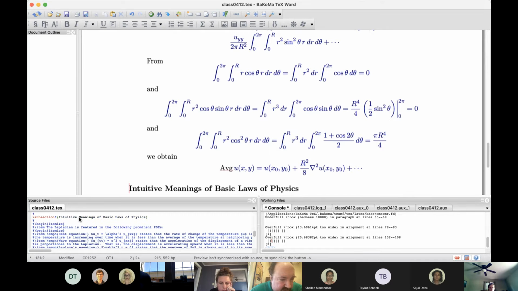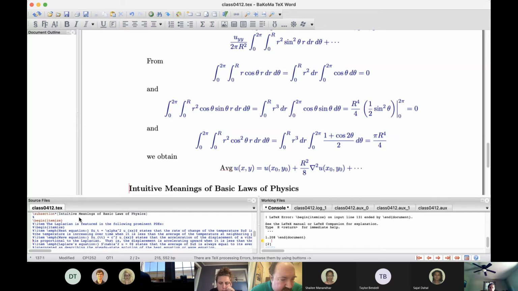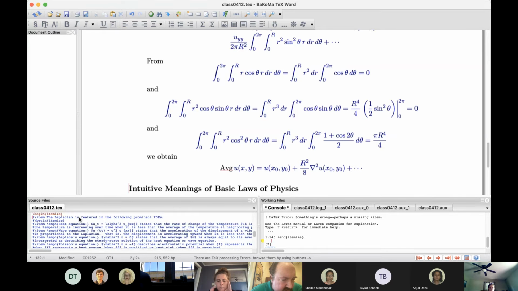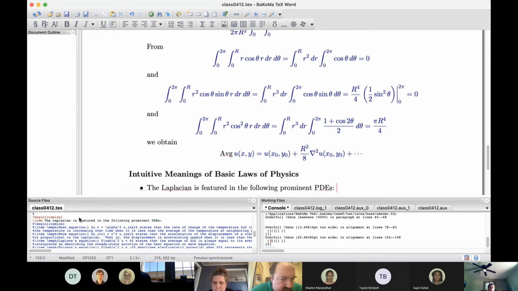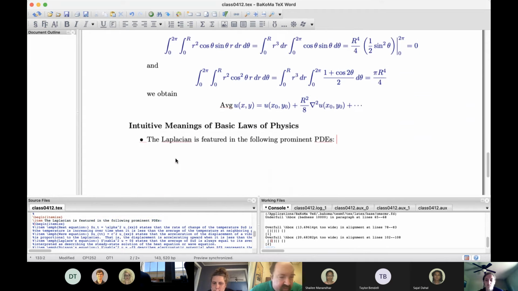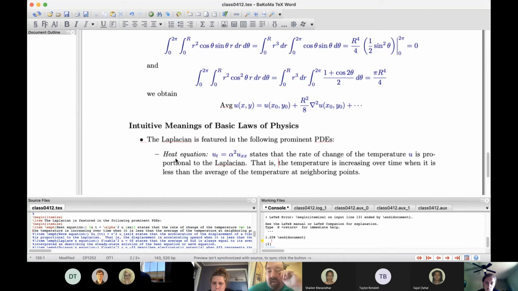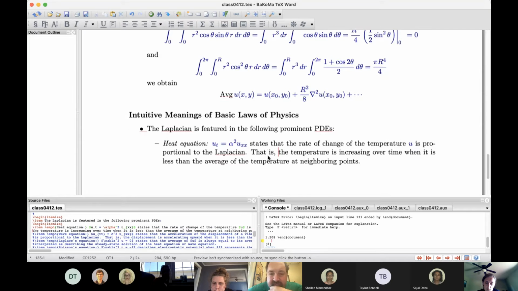So the role that the Laplacian plays in various PDEs, including ones that we've seen before. So heat equation.